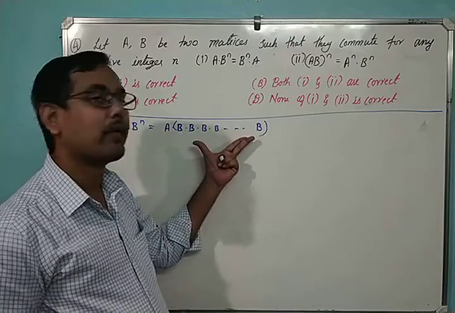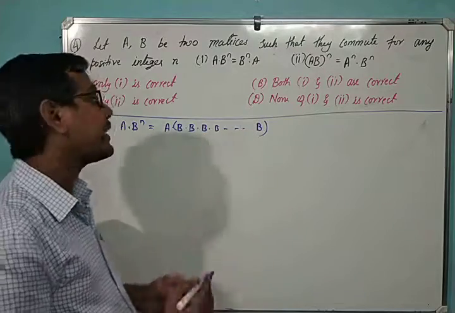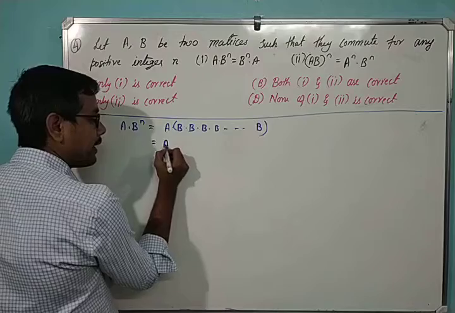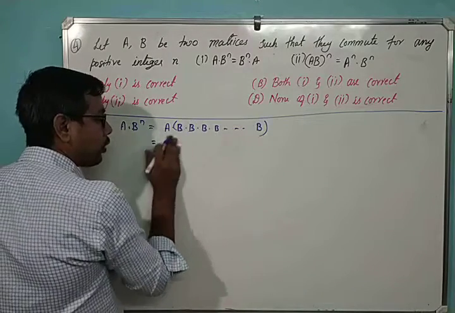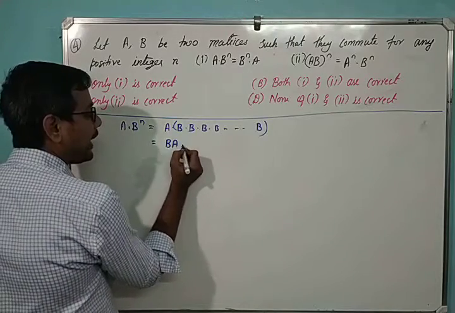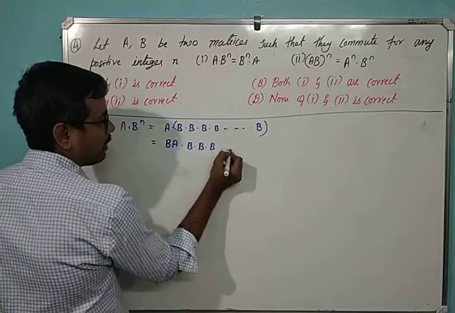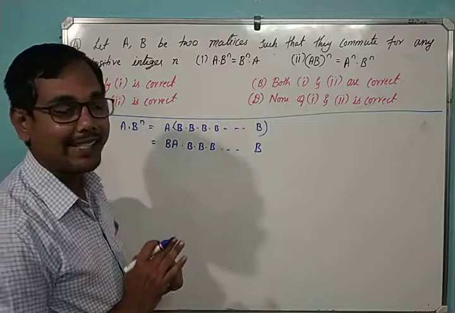B is up to the power n, so it is so on up to B. Right? So now this can be written as A into B. So I can write this A into B as B into A, and the rest as it is, so on up to this one.